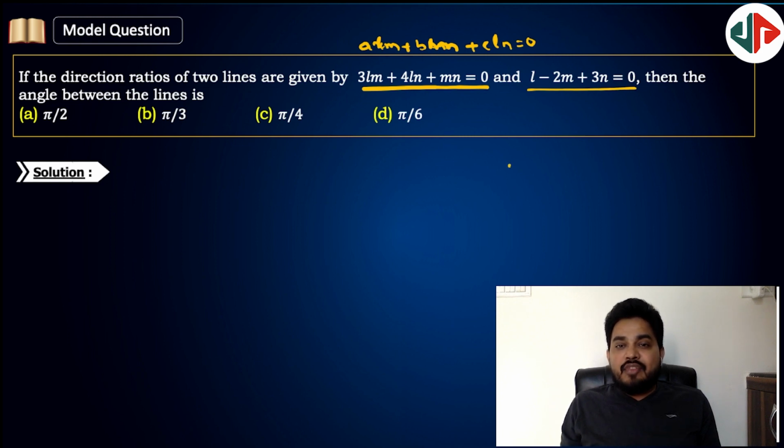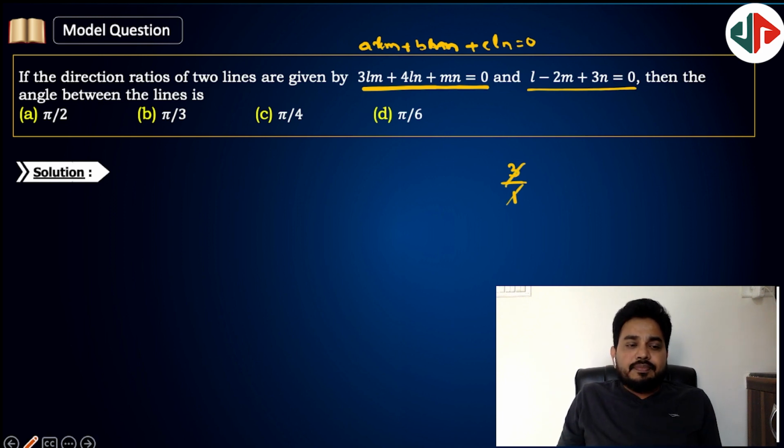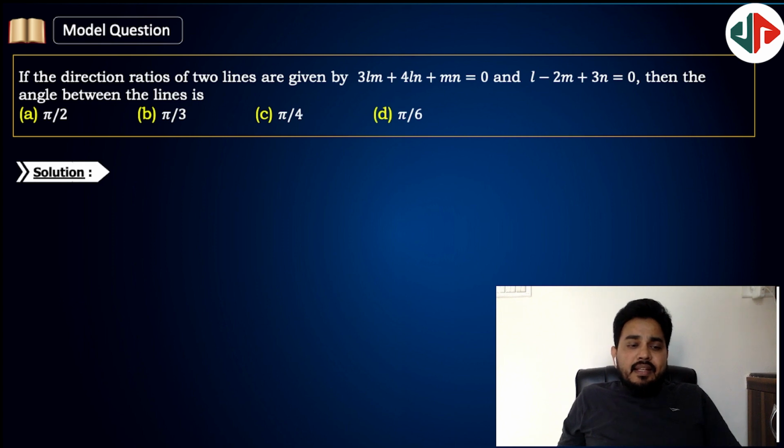So A 3 by 1, okay, just look at the calculation part, otherwise I'll give you the direct one. Here I want to tell you one property.